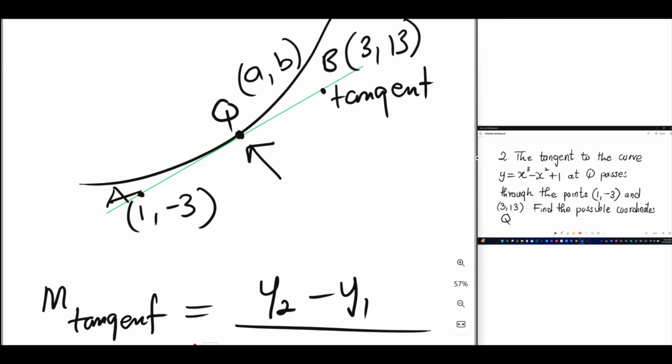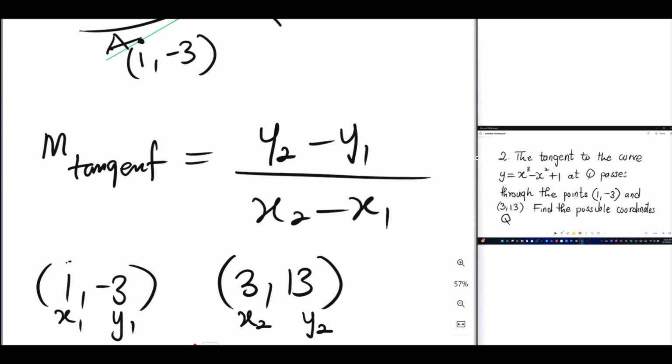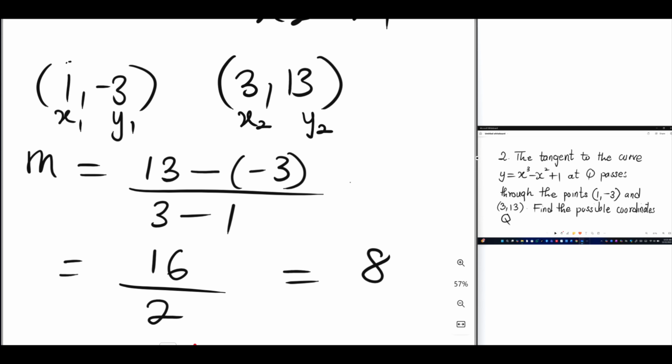So the best thing to do is to find the gradient of the tangent and equate it to the gradient of the curve, since they are equal. So we use the gradient formula, which is change in y over change in x, because we have 2 points on the tangent. And we use it to get the value of the gradient to be positive 8.